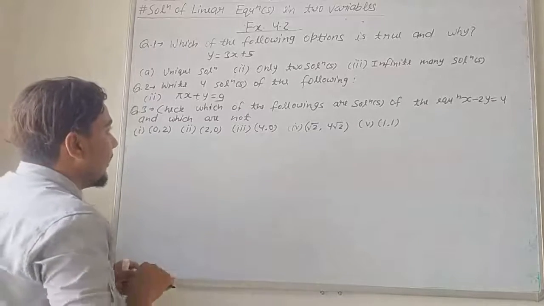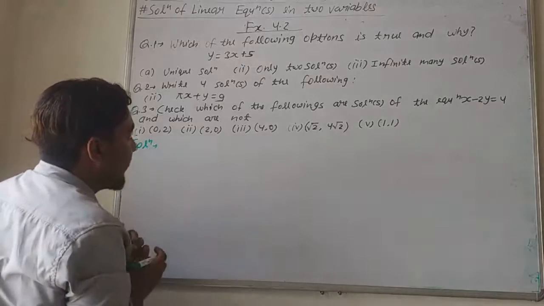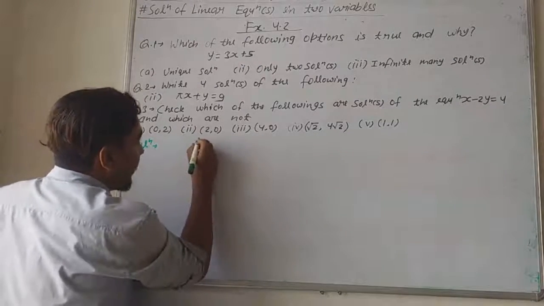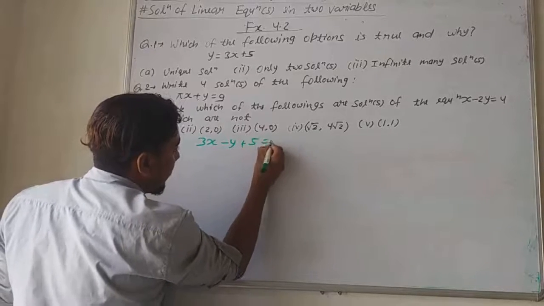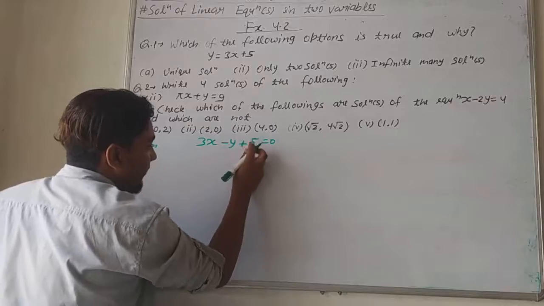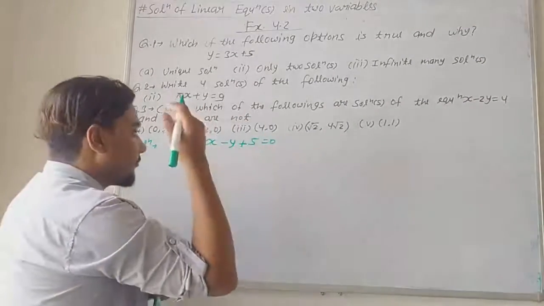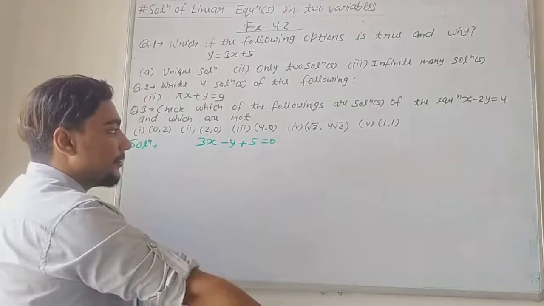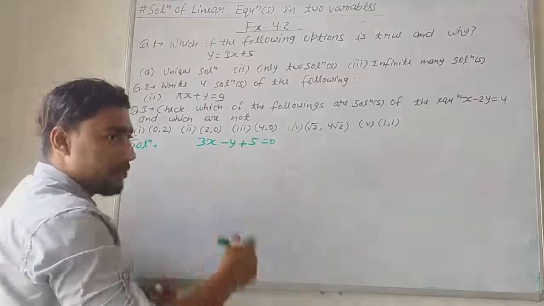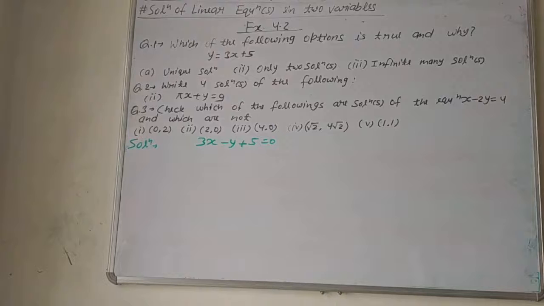For this, we solve the linear equation in two variables. We can write the equation as 3x minus y plus 5 equal to 0. As we have already studied the concept of the solution of a linear equation in two variables very well, we get infinitely many solutions of a linear equation in two variables.